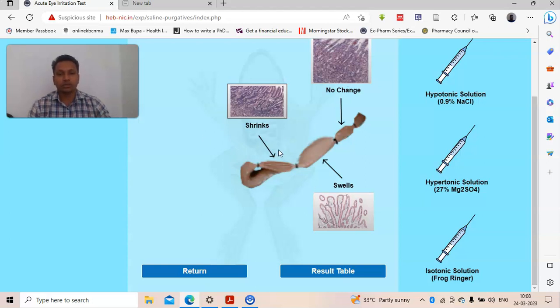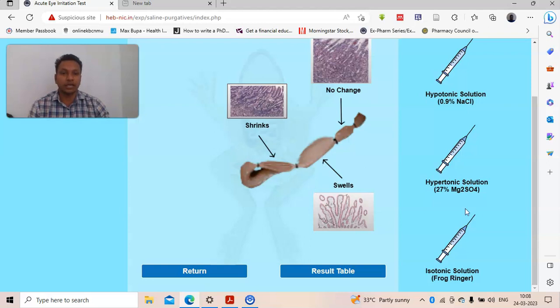So what have we injected in compartment 1? We have injected the hypotonic solution here, and so it shrinks because the content has absorbed the water, while the cell membrane passes the fluid into the tissues, so it shrinks.